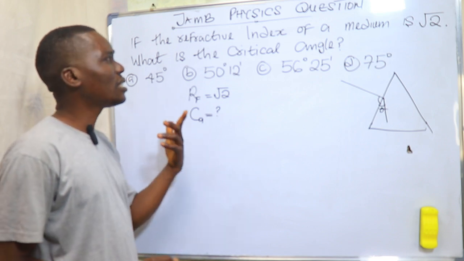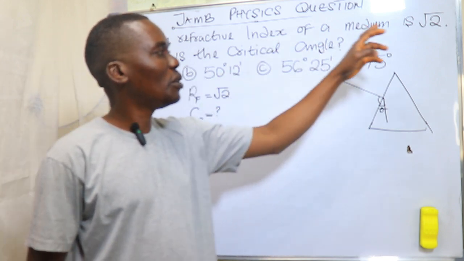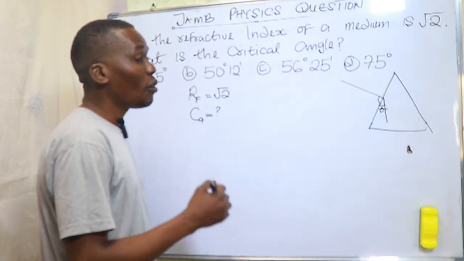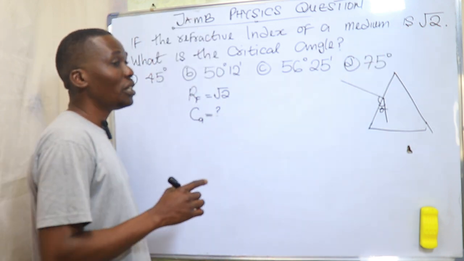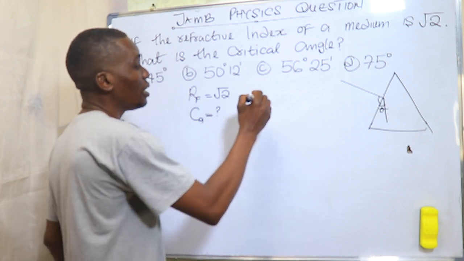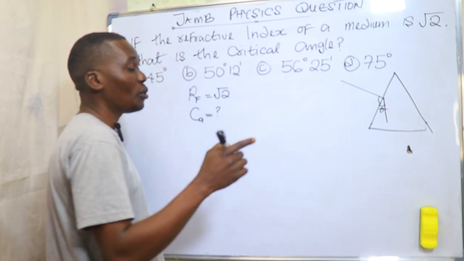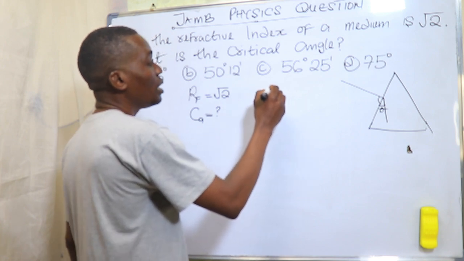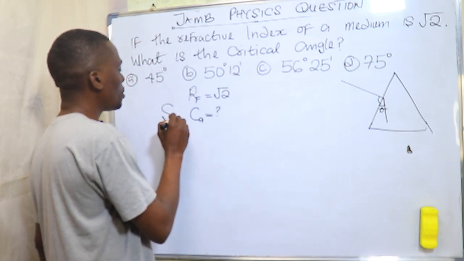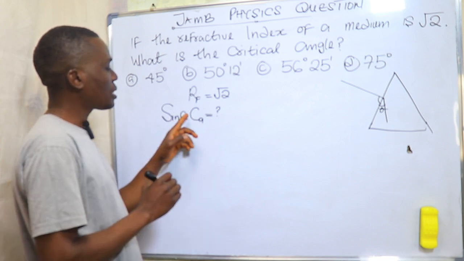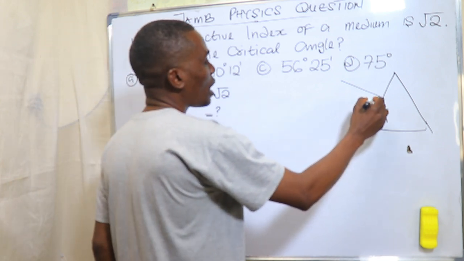Now the question now says what is the critical angle if the refractive index is the square root of 2. Now for all the formula, we find out say the critical angle dey always inversely proportional to the refractive index. So that means the critical angle is sine of C, wey be this angle.